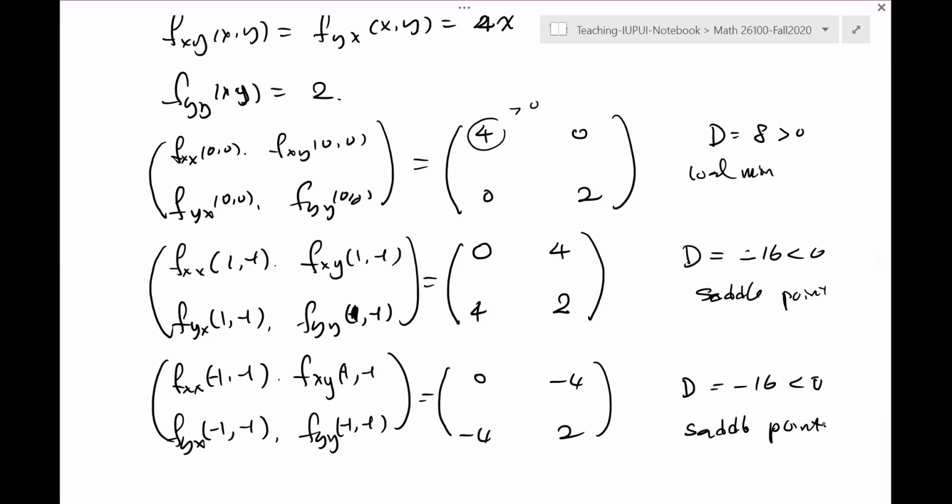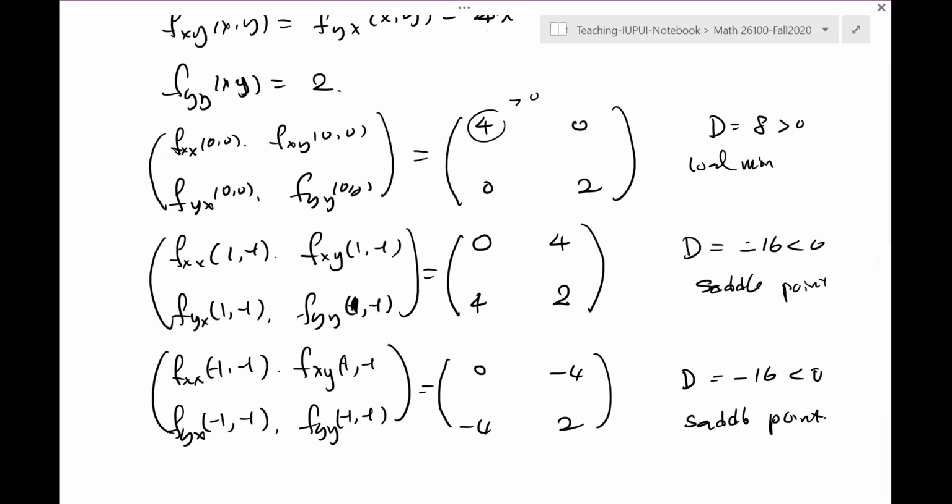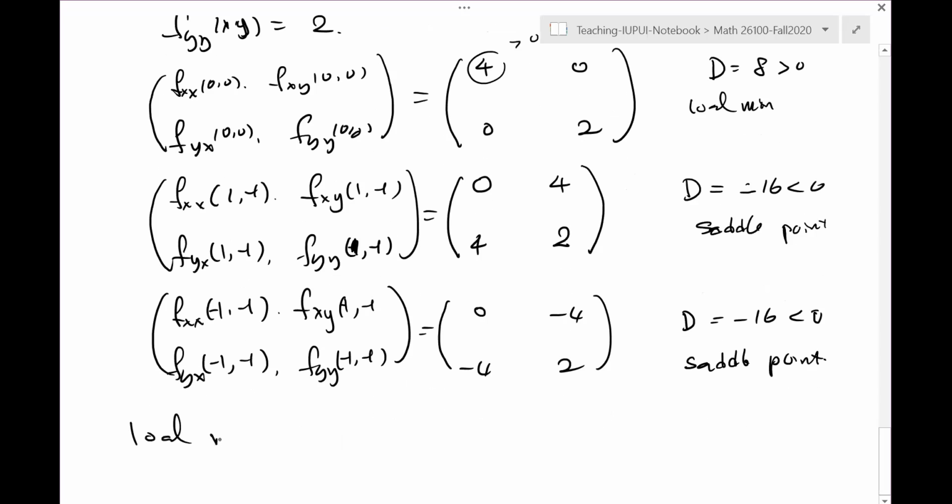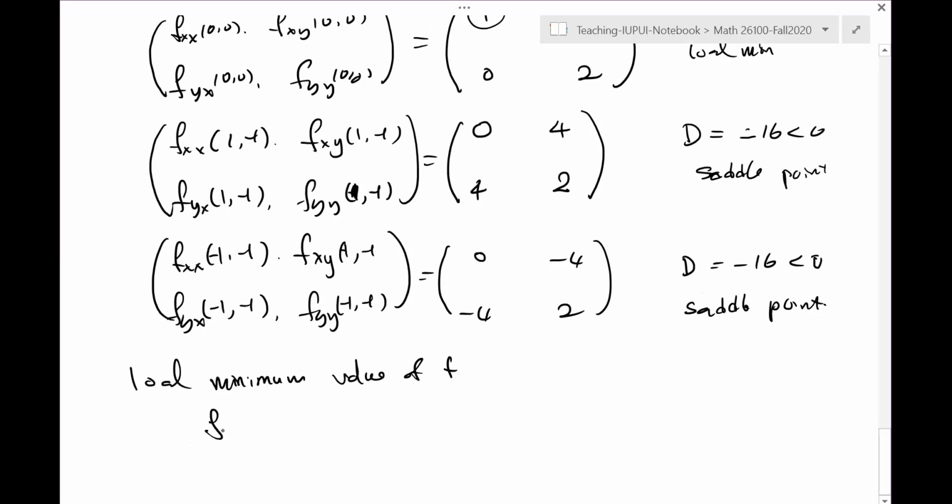All right, so now it's not complete yet. We want to find the local minimum value. The local minimum value of the function, you have to clearly state that that is a value, so called f(0,0).